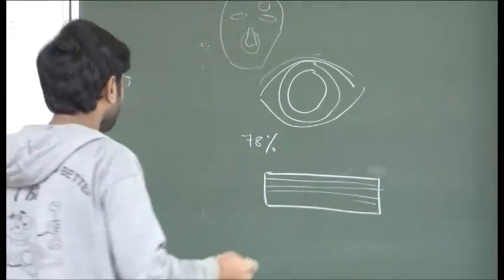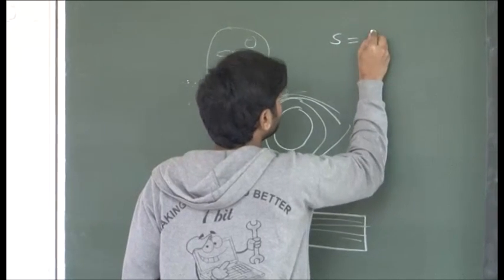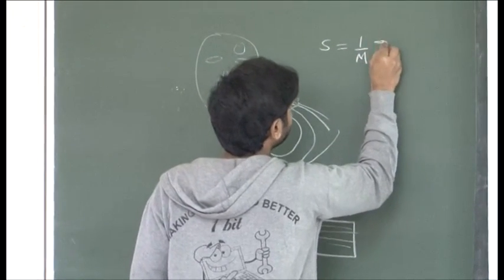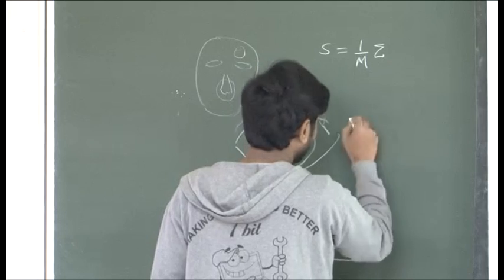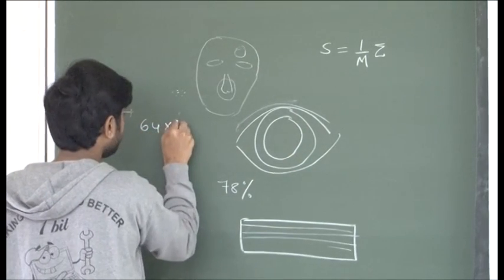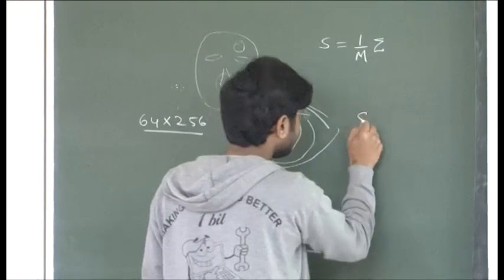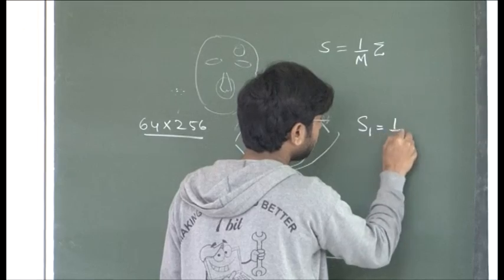So the signal generation is S equals 1 by m of sigma. The given image is 64 cross 256. My signal will take a summation of 1 by 5.